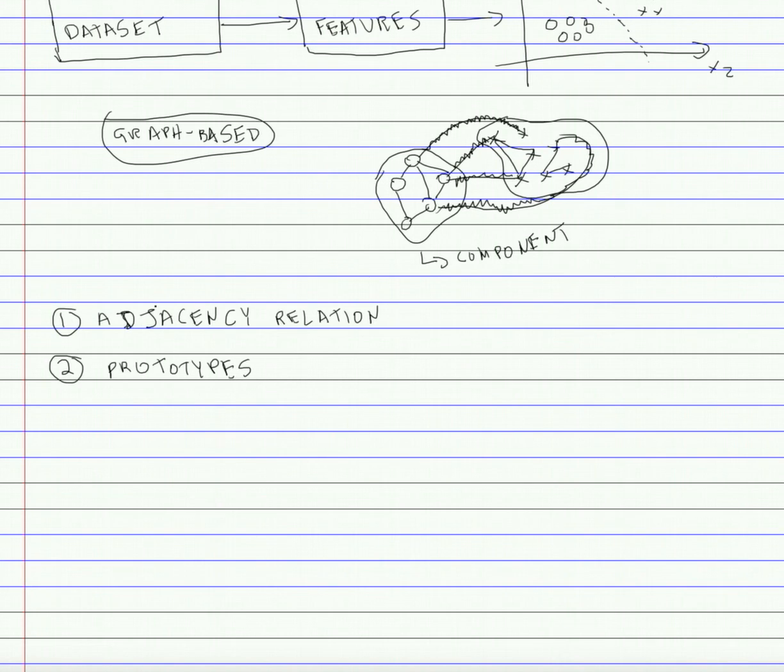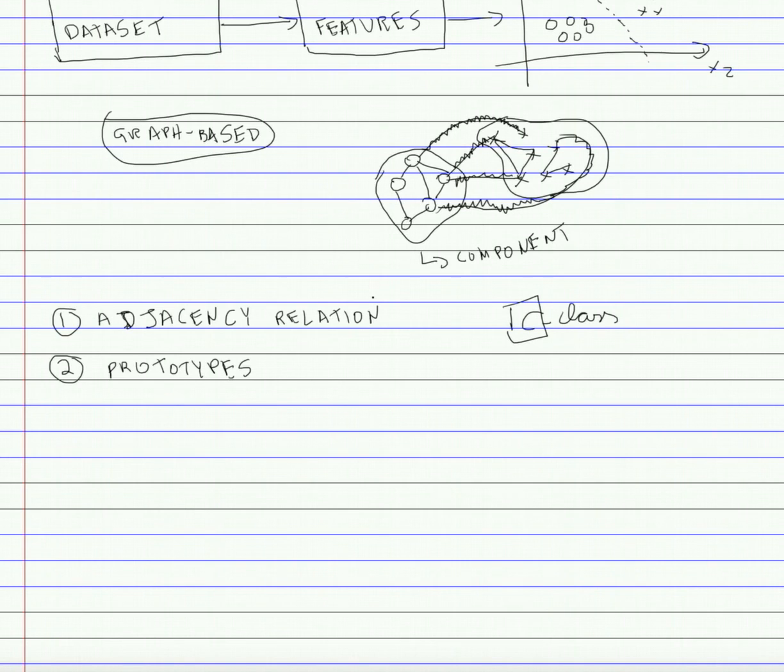So if we have a C class classification problem, we're going to have at least C prototypes, and each prototype is going to try to conquer the remaining nodes of the graph, offering to them optimum path costs.